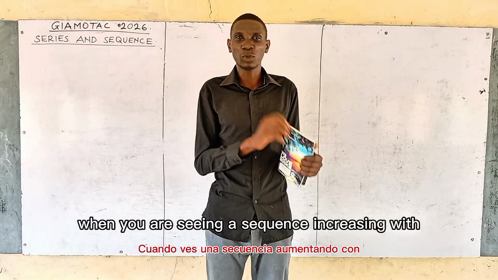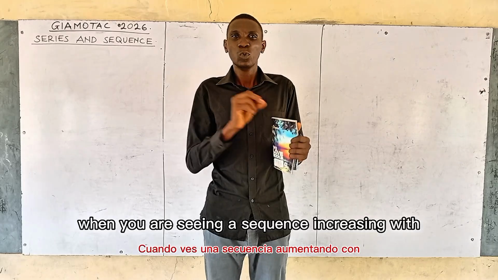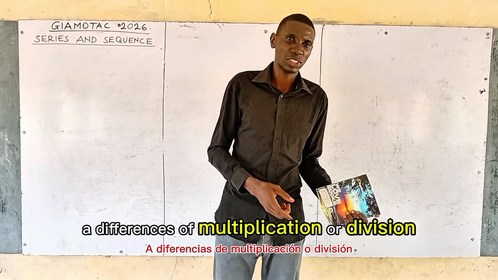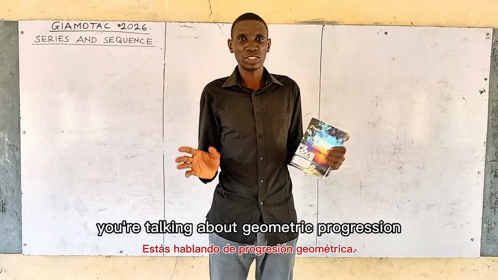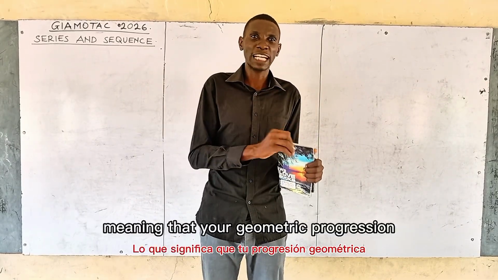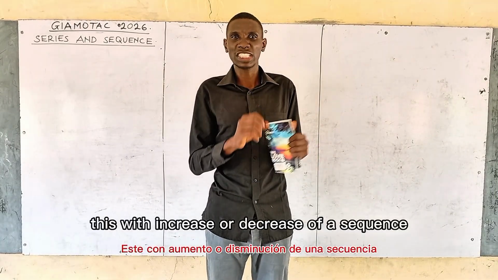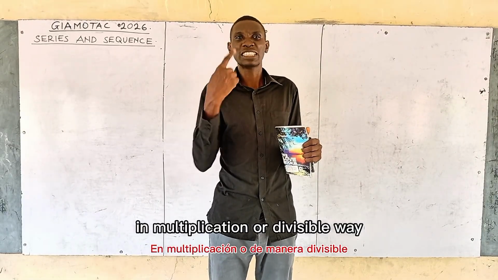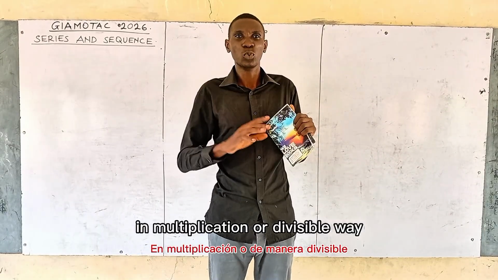When you are seeing a sequence increasing with a difference of multiplication or division, you are talking about geometric progression.